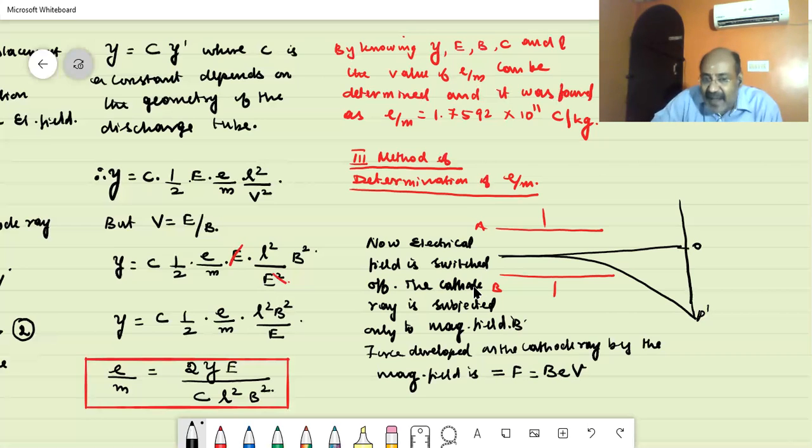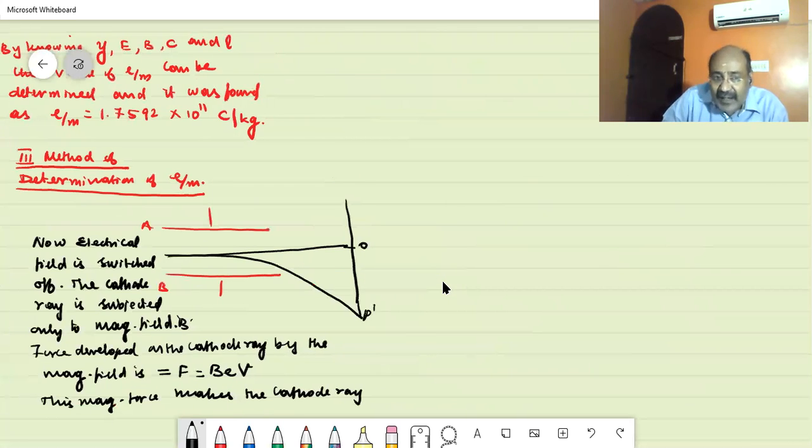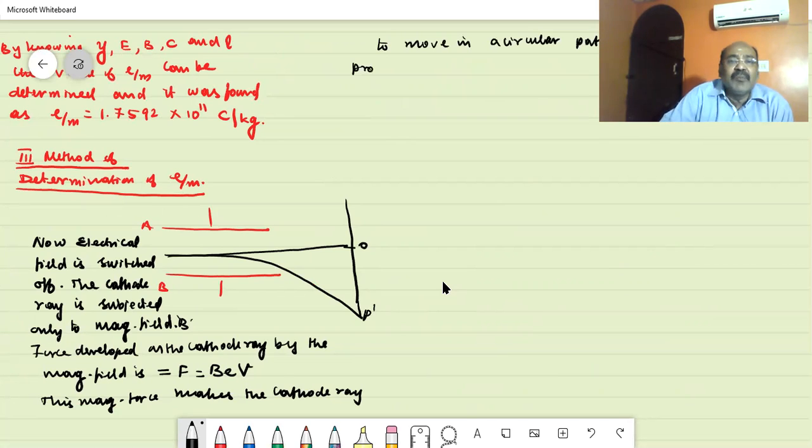What will happen? This magnetic force makes the cathode ray go in a circular path of radius r. So this magnetic force makes the cathode ray move in a circular path, providing the necessary centripetal force.